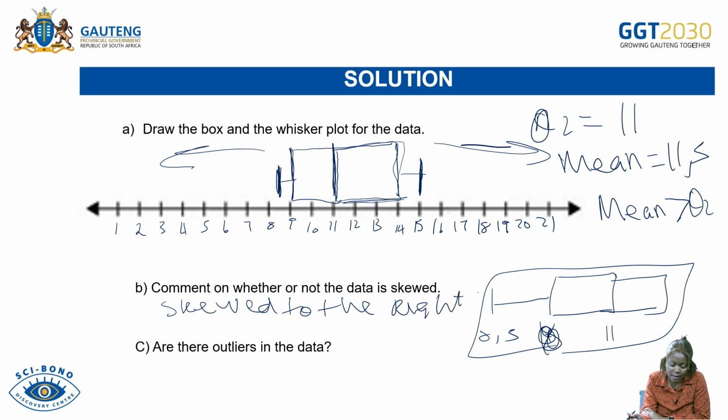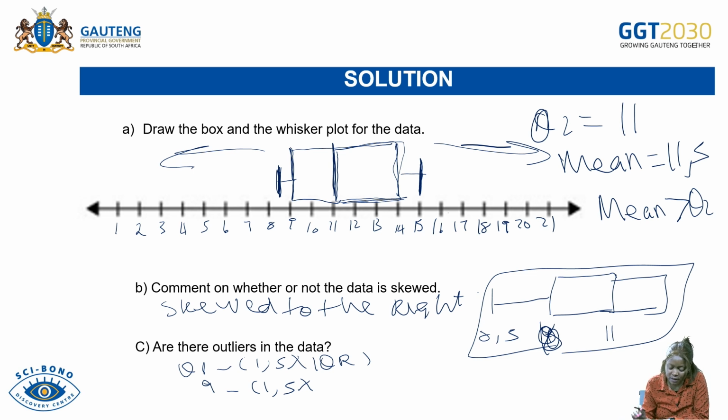Okay, and then the last question is now saying, are there outliers in the data? We don't know, right? But we can use our formulas to determine whether we have outliers in the data. So the first one is going to be your Q1 minus 1,5 times your IQR. So Q1, we said it is given by 9, and then you have 1,5 times your IQR.